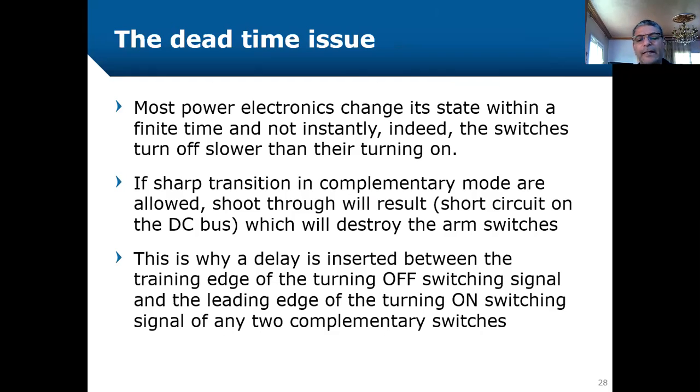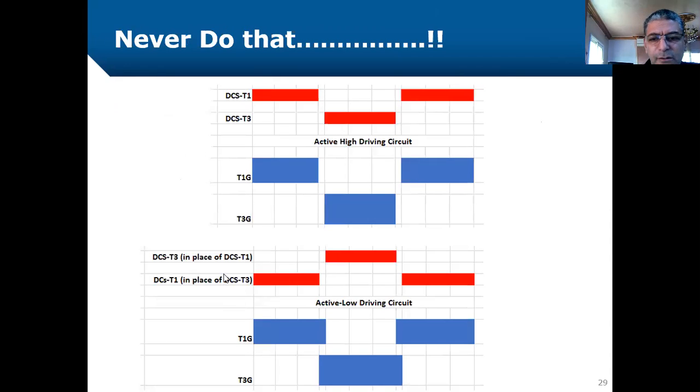This is why a delay is inserted between the trailing edge of the turning-off switch signal and the leading edge of the turning-on switching signal of any two complementary switches. And this is by default a hardware built-in module inside most DSPs and microcontrollers.